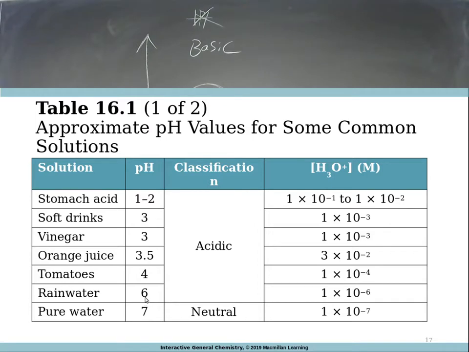So the difference between 6 and 7 looks modest, but rainwater has 10 times the H3O plus concentration of pure water because that's 1 pH unit. What about rainwater versus tomatoes? Well, tomatoes have 100 times more H3O plus than rainwater, 1,000 times more than pure water. Does that make sense? It's all based on powers of 10.